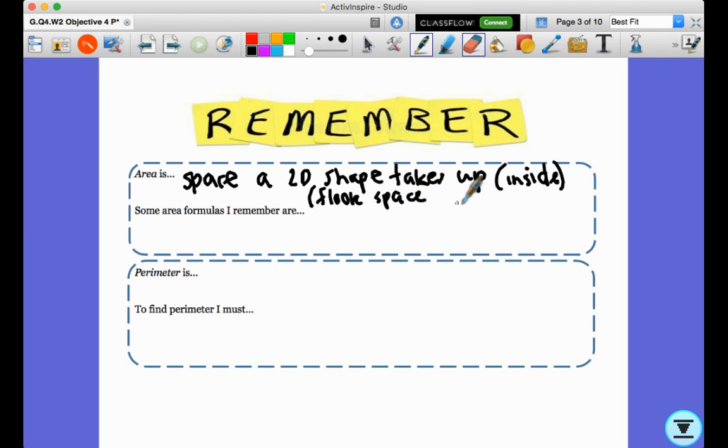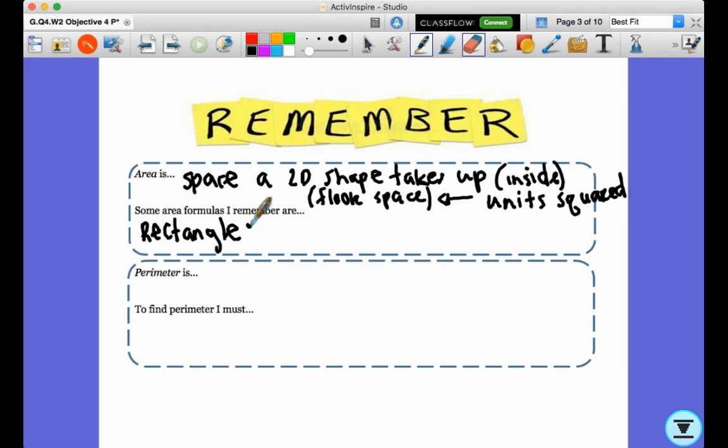I encourage you to write this down. This is where your notes pick up and what you can start to fill in on your paper if you were able to print it out. It's important to remember that it's units squared, whether it's squared feet, miles, meters, kilometers, or centimeters. What are some formulas that you remember? Maybe write them down and see what you remember.